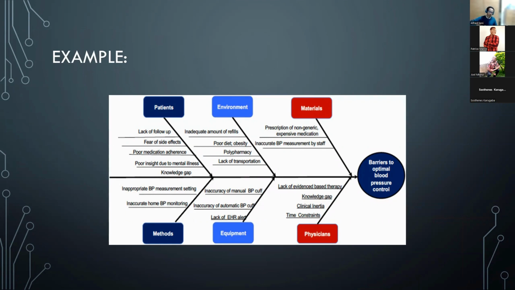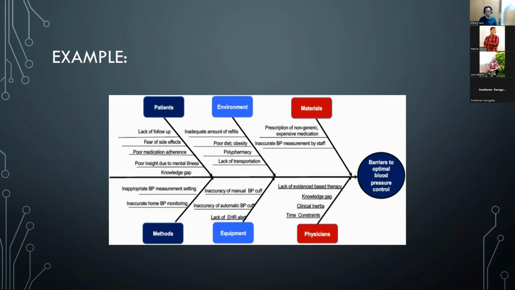Yule mgonjwa ambaye wanajaribu kumeasure pressure yake, ni kwamba alikuwa hafuatiliwi kama inavyotakiwa, au alikuwa hafuati maelekezo ya daktari, si ndio? Poor medication adherence, right? Poor insight due to mental illness, labda alikuwa ana matatizo kidogo ya mental, kwa hiyo hawezi kufuata yale maelekezo yanavyotakiwa.